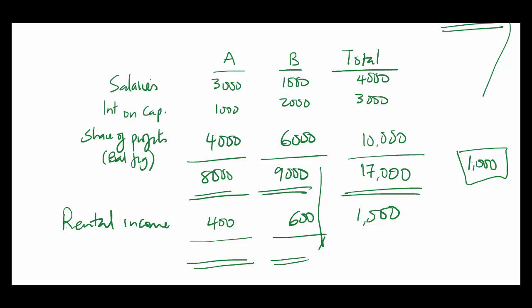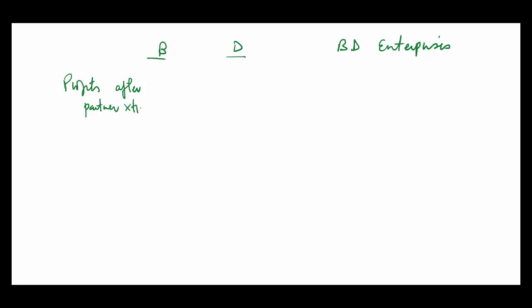And a good example would be if you're given a scenario, partners B and D trading as BD Enterprises, and then you're told that they have made profits after partner transactions of 5K, and then you're told that the partner transactions are salaries of, let's assume, 4,000, 3,000, and interests on capital of 1,000 to 2,000.